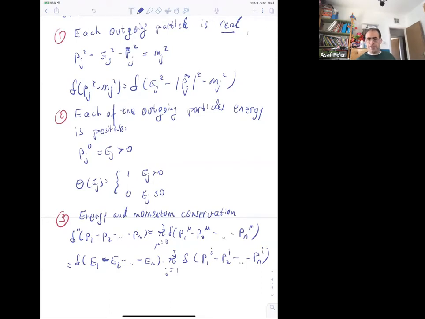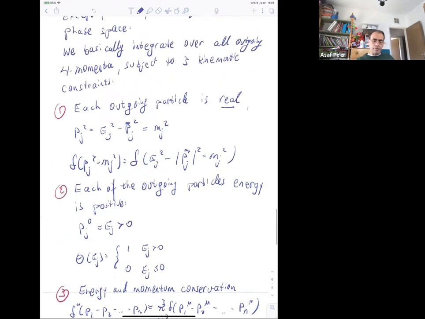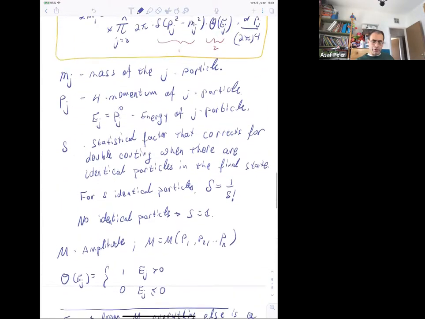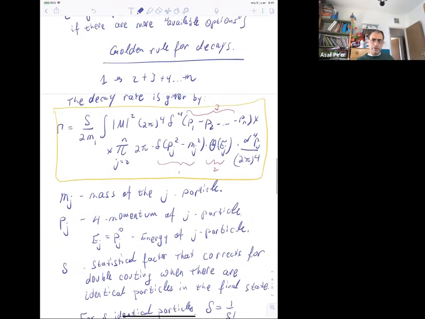Right, so this simply states that the energy of the outgoing particles is equal to the energy of the incoming particle, and the sum of momentum of the outgoing particles is equal to the momentum of the initial particle. So when you think of it in these terms, I think it makes much more sense now that you look at the golden rule.